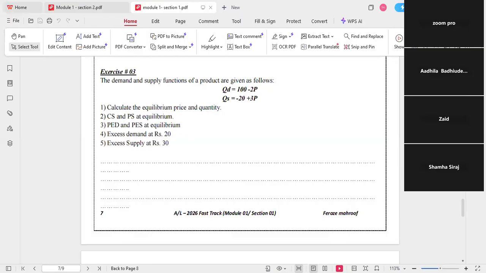Okay, we'll continue. Right. So, we have been discussing the excess demand. Excess demand at rupees 20. So, excess demand is equal to QD minus QS.